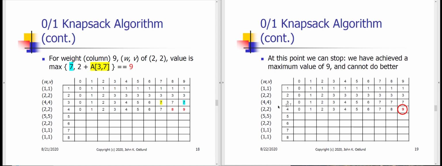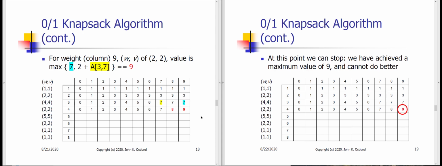Because remember that the way we've set this up, the weight and value of each of the items is the same. So at this point, because we've achieved our goal, we can just stop and say, okay, yes, we were able to partition that multiset, and we were able to achieve a value of 9 with a knapsack weight of 9.